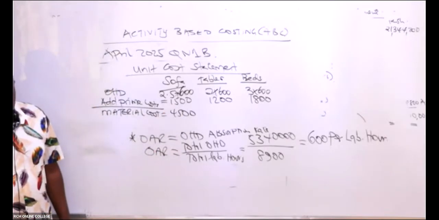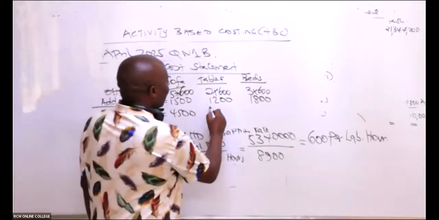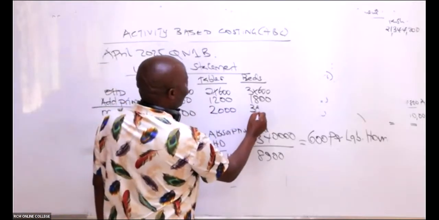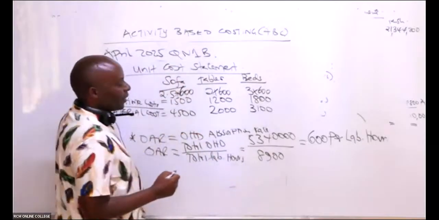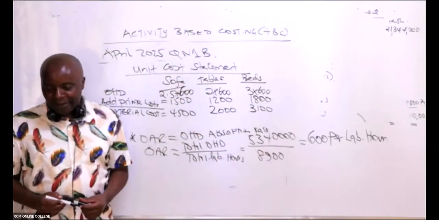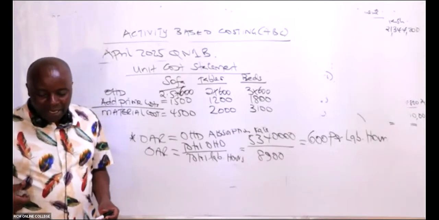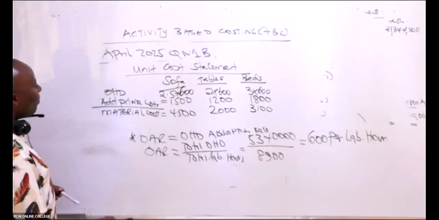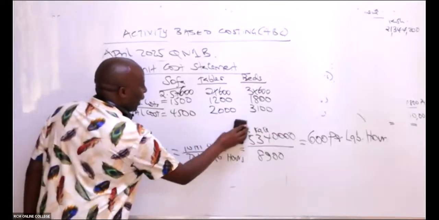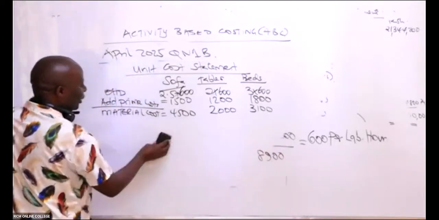Tables will be 2,000, right? And then what do we have for beds? 3,100. So that is materials. How about labor cost? Are you able to see the labor cost, my good students?